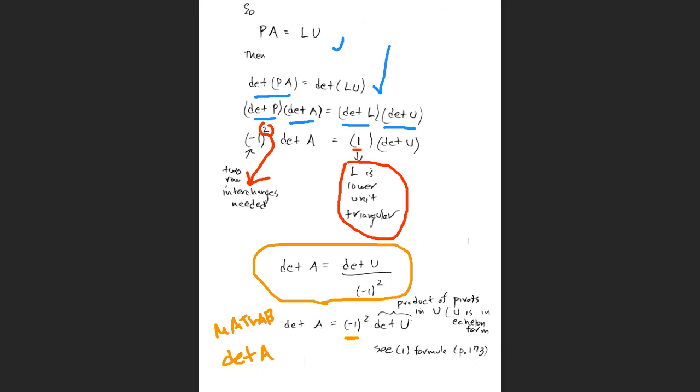You're going to get a determinant of A, but then you're going to do the LU factorization, the permuted LU factorization in MATLAB of the matrix A, and verify that indeed the determinant of A equals the determinant of U over, well, the determinant of P.